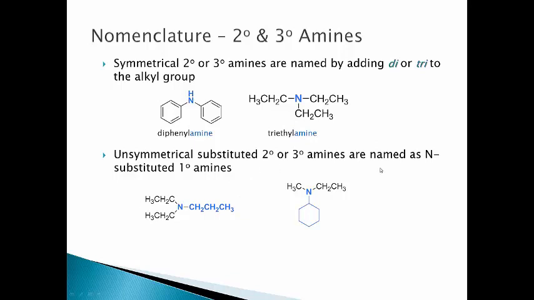Okay, when they're unsymmetrical, we name them as N, and then whatever the group is, it's the lower priority. Okay, so the root name here would be 1, 2, 3, so it'd be propanamine, and it'd be N,N-diethylpropanamine.